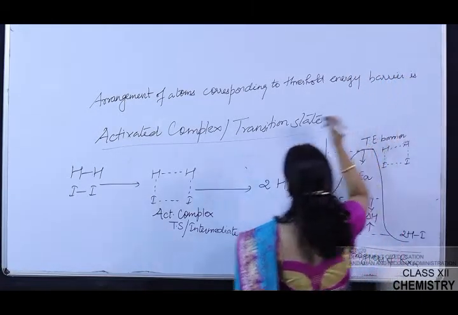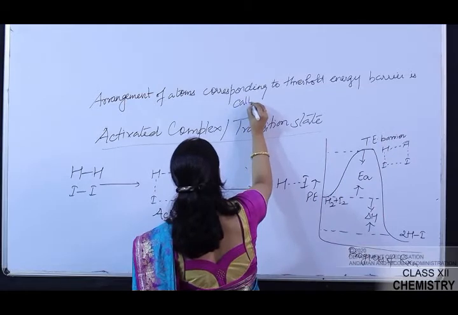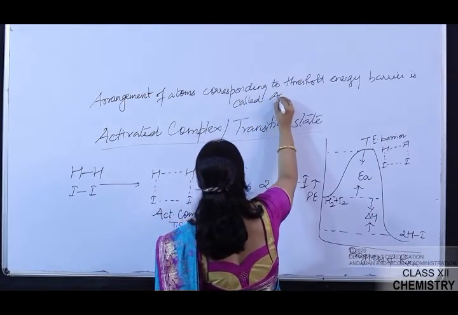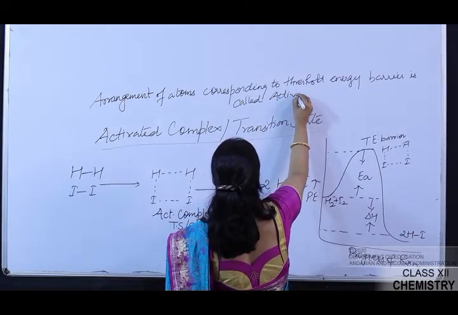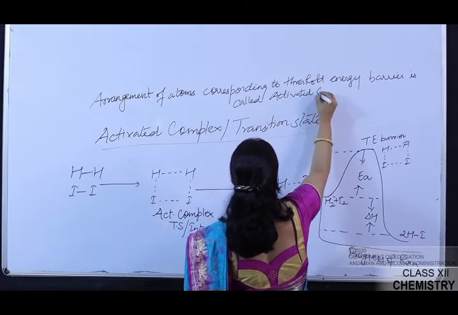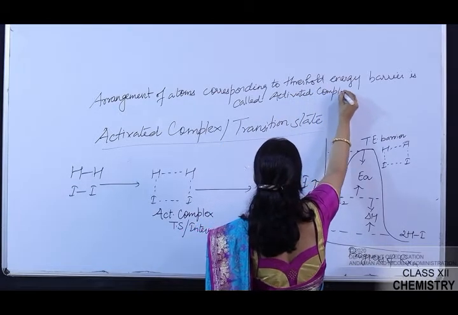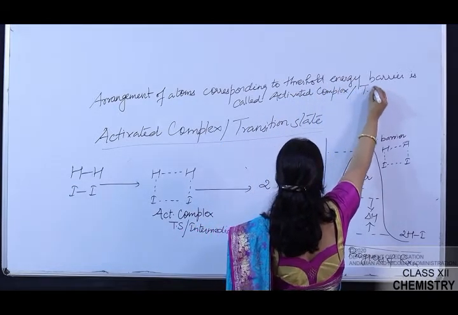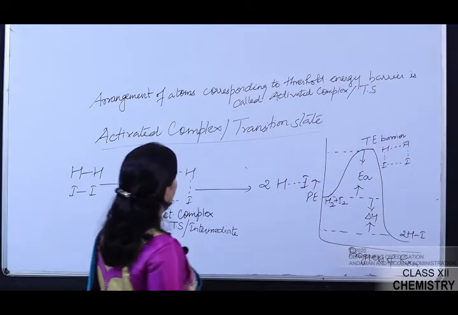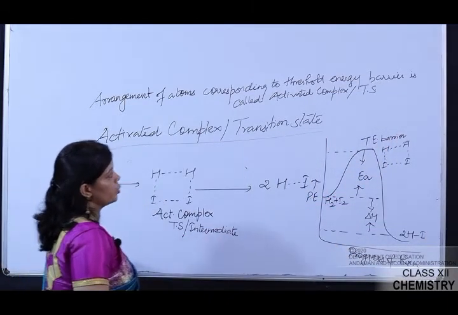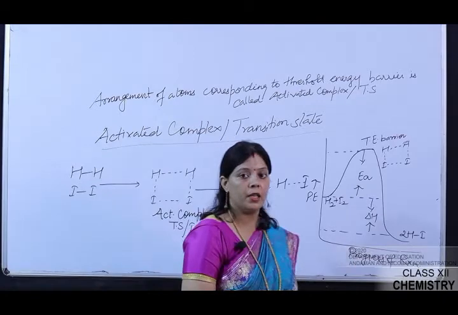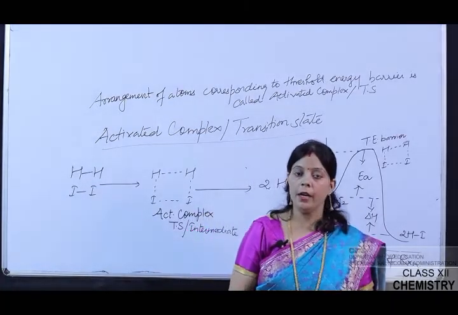The arrangement of atoms corresponding to the threshold energy barrier is called the activated complex, or transition state, or intermediate.